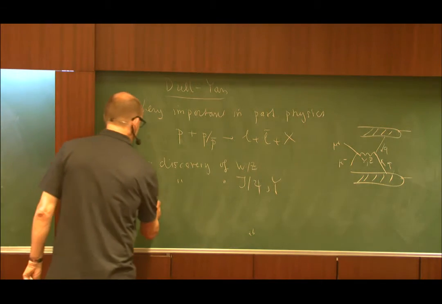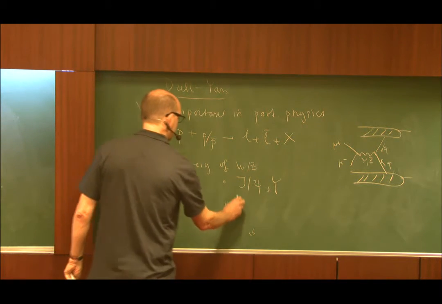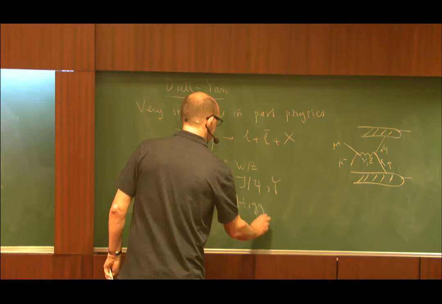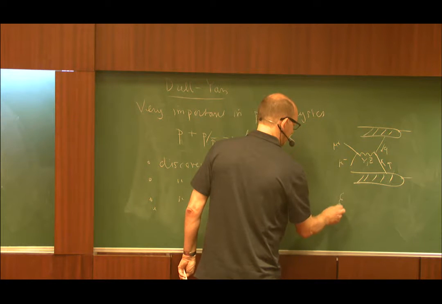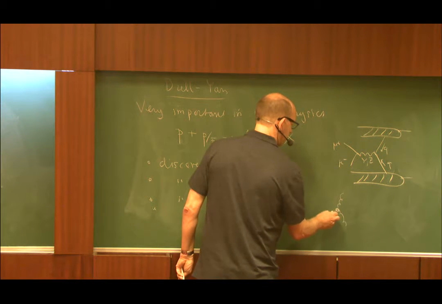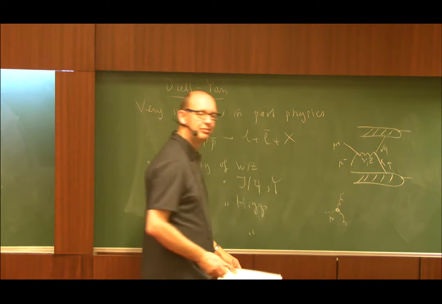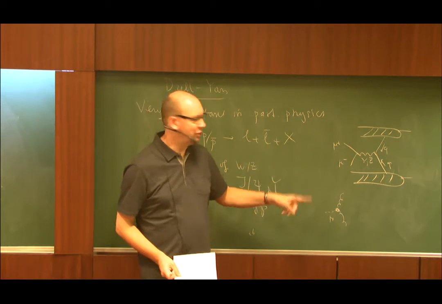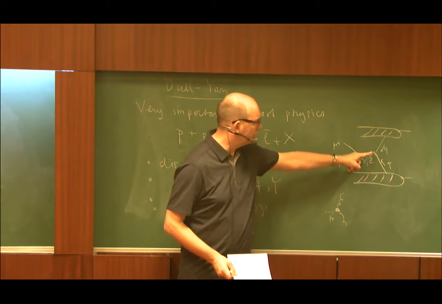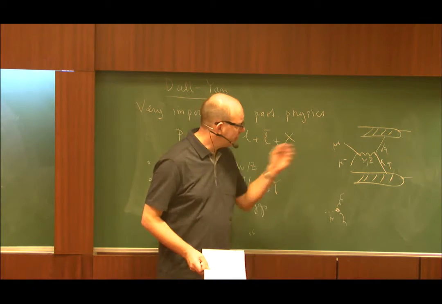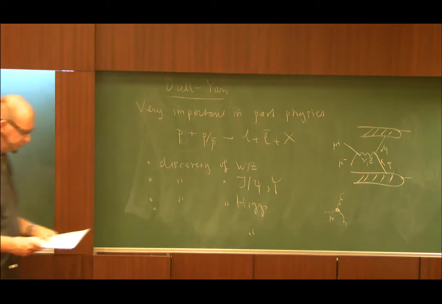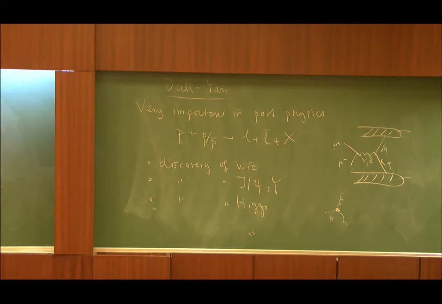And very recently, discovery of the Higgs. The Higgs very much looks like this, except now we have a gluon to some effective vertex to the Higgs. It's a bit like Drell-Yan, but you have a gluon coming out of the proton and a gluon then producing a Higgs. So this type of process has been very important, and it is worthwhile to look a little bit at it.